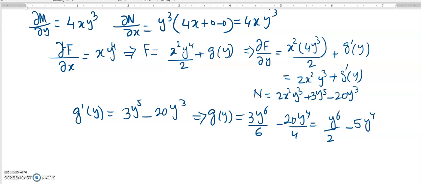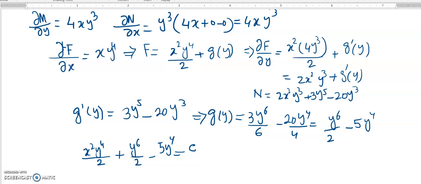Therefore our solution will be x square y power 4 over 2 plus g of y, which is y power 6 over 2 minus 5y power 4, equal to a constant.